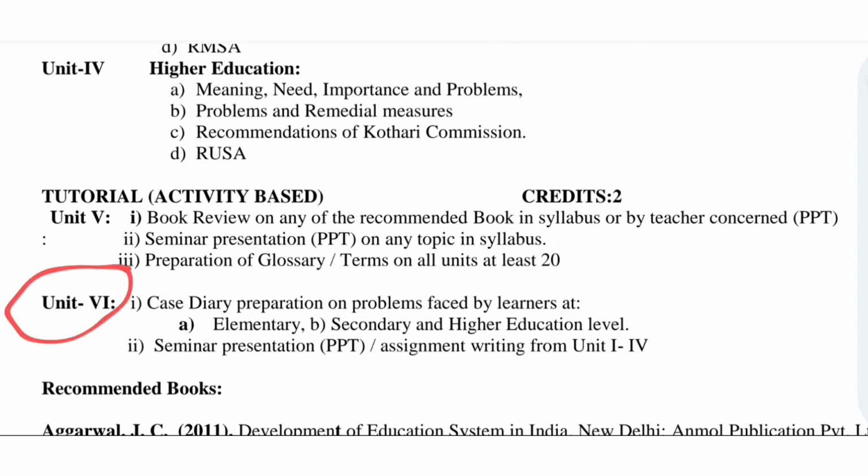Unit 6 is case diary presentation on problems faced by learners at elementary, secondary and higher education level. Number second, seminar presentation or assignment writing from unit 1st to 4th.